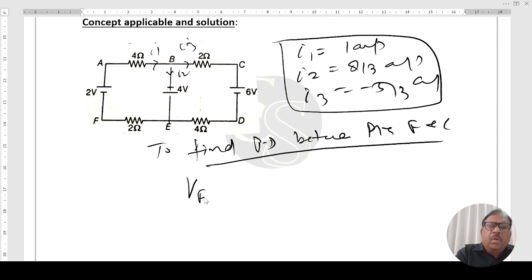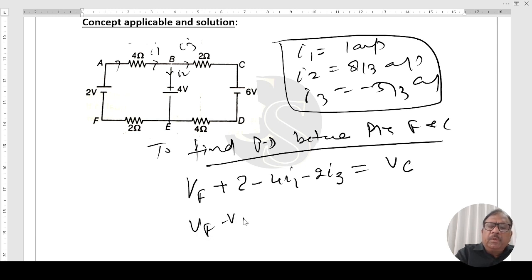Vf plus 2. Current is passing through this. Summation IR equal to summation E. So minus 4I1 minus 2I3 minus 4 equal to Vc.